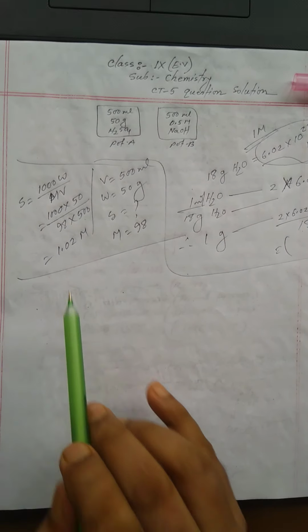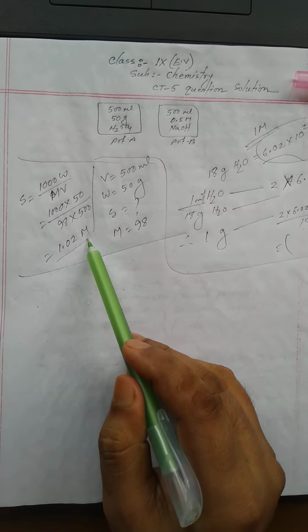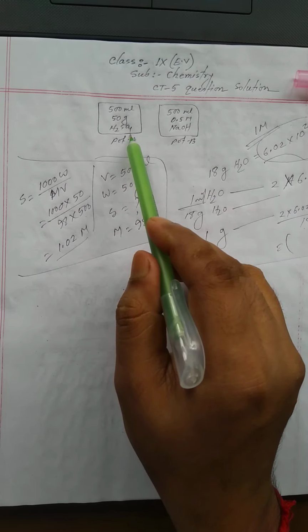This is the molarity of the solution in pot A.